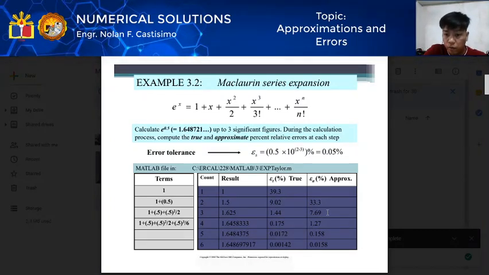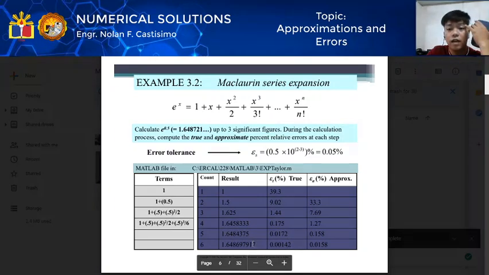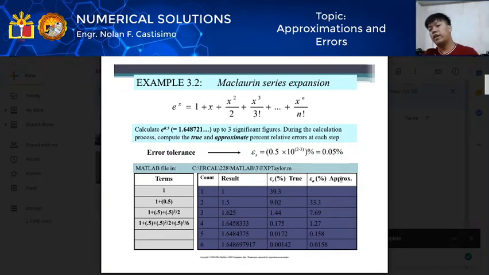Okay? So mapapansin niyo naman, dito sa true percent relative error, nababawasan yung error. So almost same na siya sa true value. Ganon din si approximate relative error.